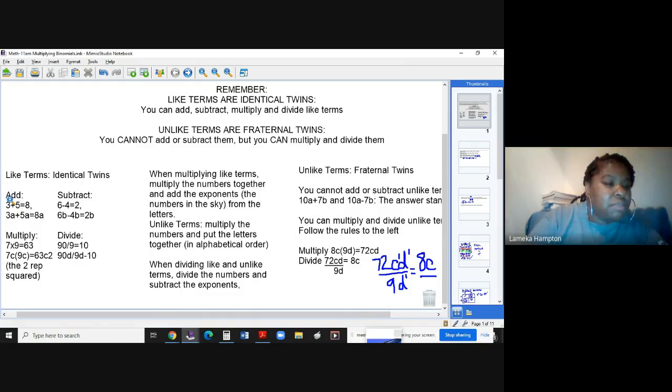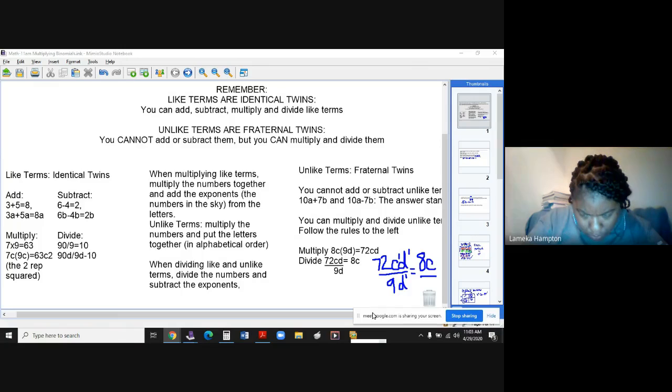So I have the example. Let me change my cursor here. All right. Okay. So right here, I have add. So we know how to add numbers, subtract numbers, multiply numbers, and divide numbers.